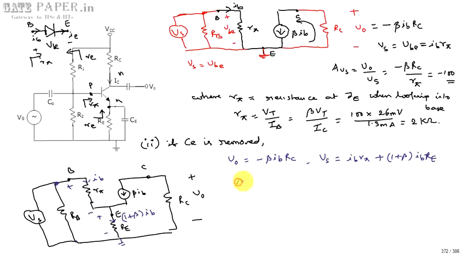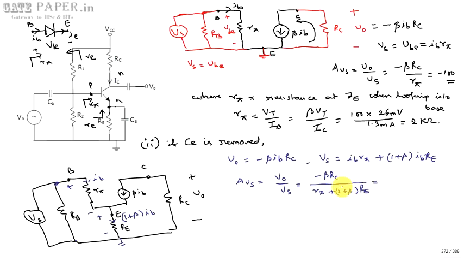So AVS is equal to V naught divided by Vs. IB cancels, and you get beta RC divided by r_pi plus 1 plus beta times Re.